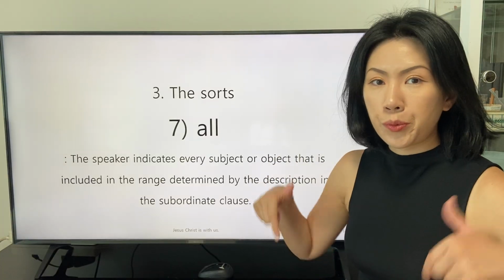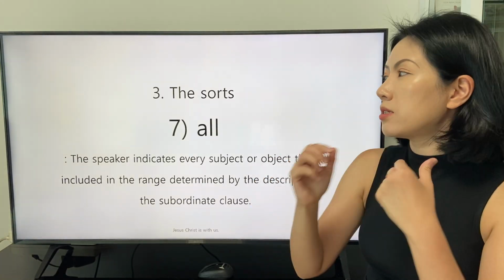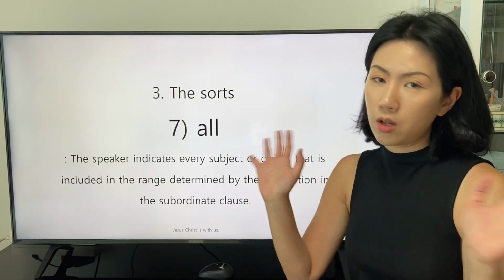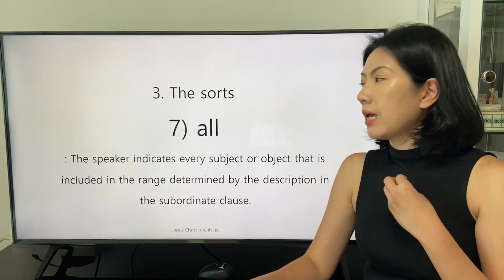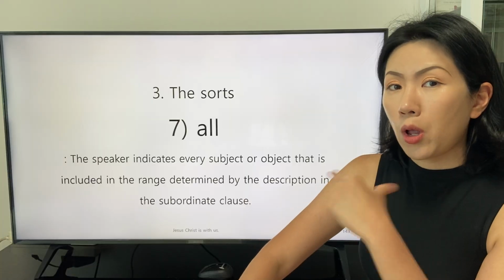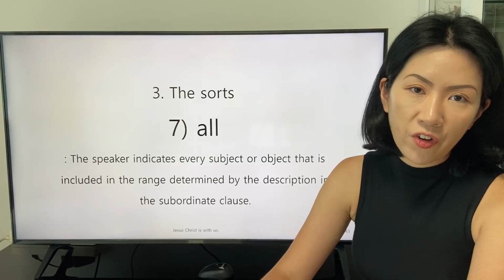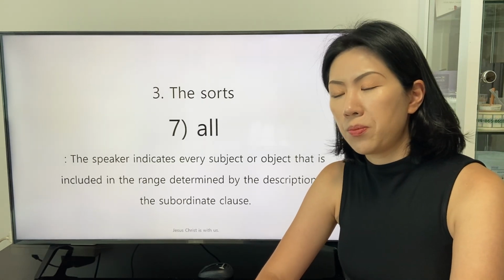In this class, we will study the seventh pronoun that is applied as a subordinating conjunction in a sentence. The seventh pronoun is the pronoun all, which is applied as an adverb, a determiner, or a predeterminer.